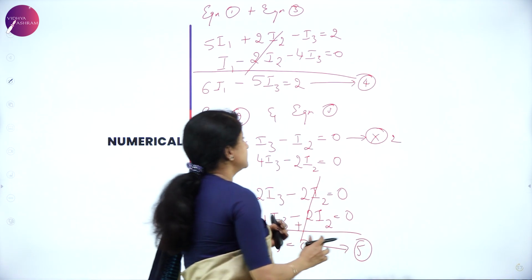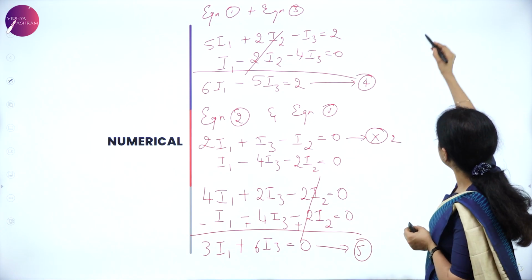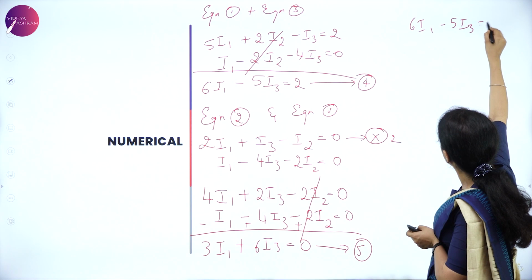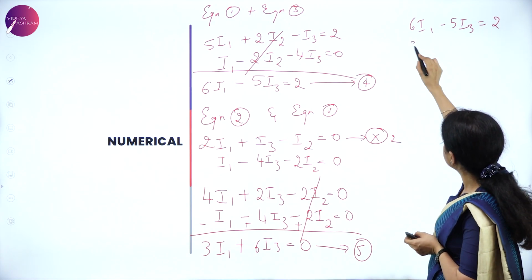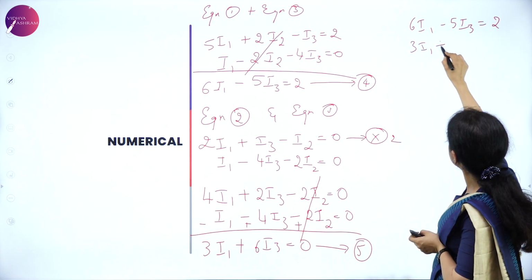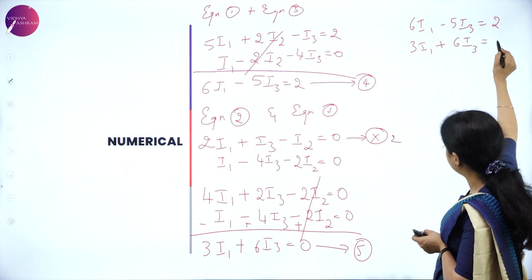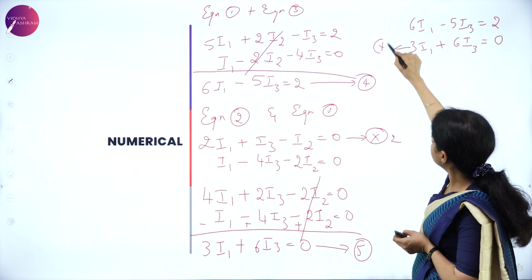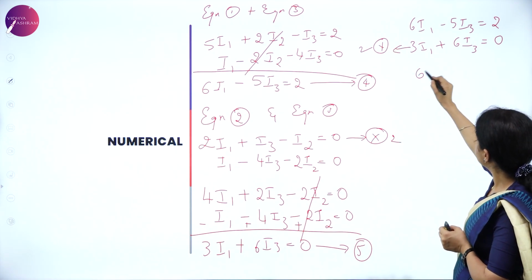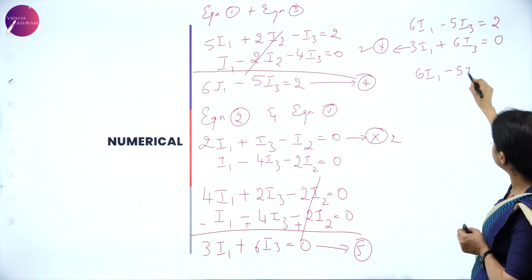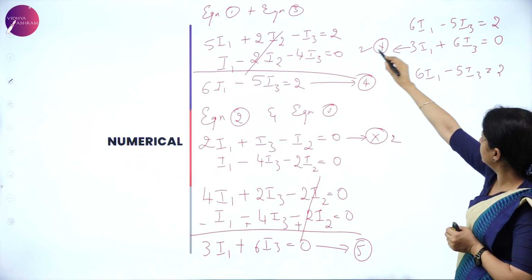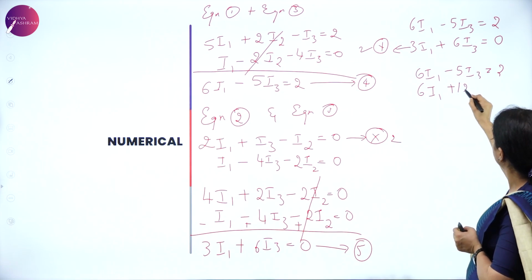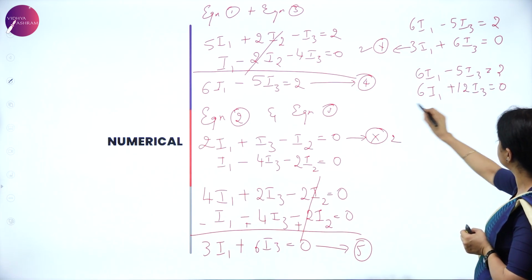So let us now consider equations 4 and 5. Equation 4 gives us 6I1 minus 5I3 is equal to 2 and equation 5 is 3I1 plus 6I3 is equal to 0. Now let us multiply this equation by 2. So now we get 6I1 minus 5I3 is equal to 2, and 2 3s are 6, 6I1 plus 6 2s are 12 I3 is equal to 0.